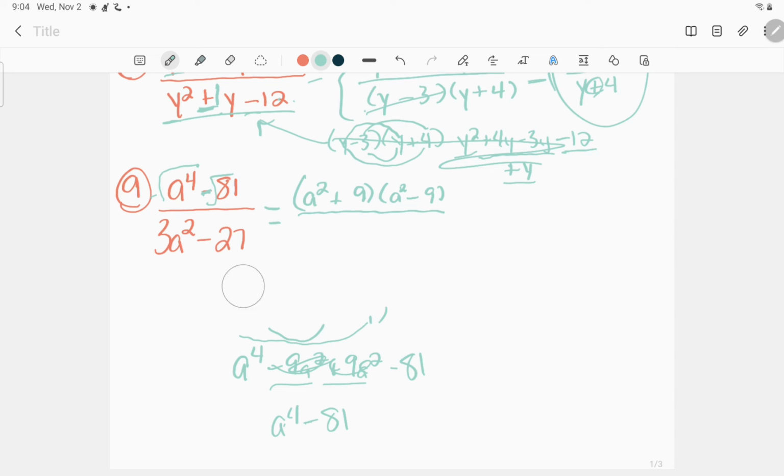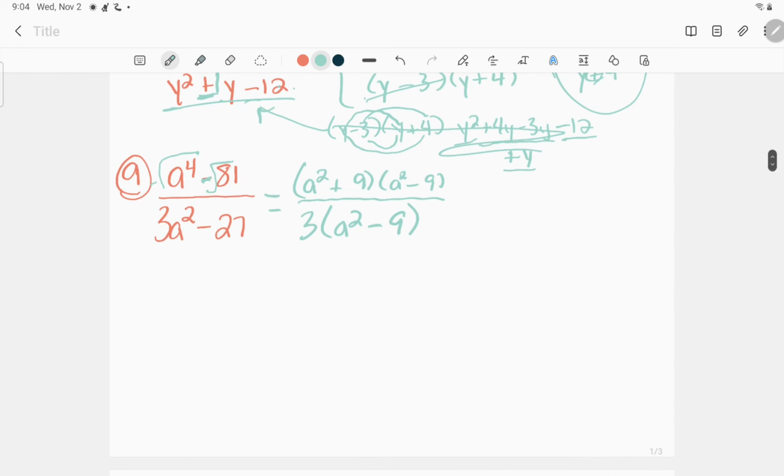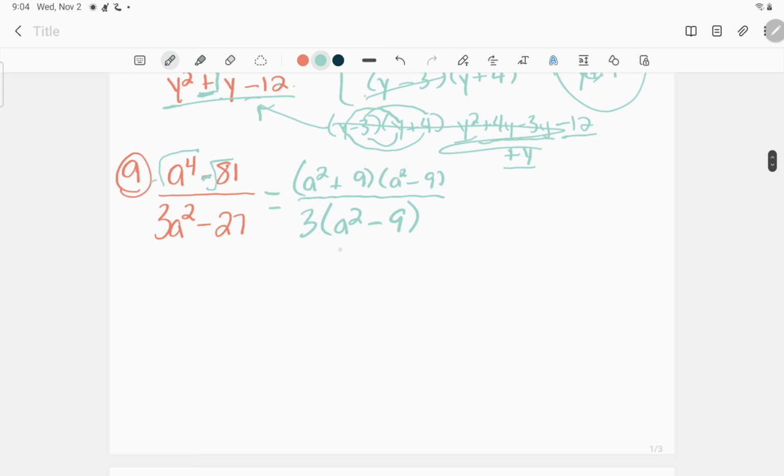All right, so up here, we're going to factor out our common factor, which is 3. So I have 3 times a squared minus 27 divided by 3 is 9. So remember, this is a difference of binomials, and this is a perfect square, and this is a perfect square, and they're separated by a negative sign.